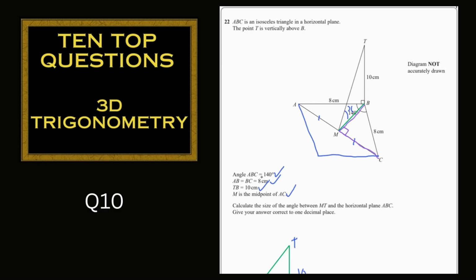By these two creating an isosceles triangle, that is half the 140. You could obviously use the fact that that is 20 as well if you wanted to go for the bigger triangle, but it's entirely up to you. Who cares? You've got a triangle. Let's stick the 20 on there. We know that the hypotenuse B to C is 8, and what we'd really like is B to M.